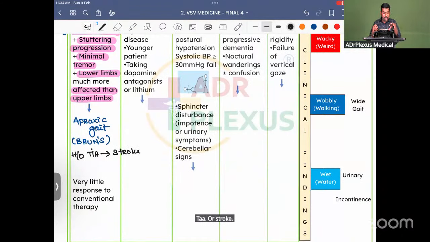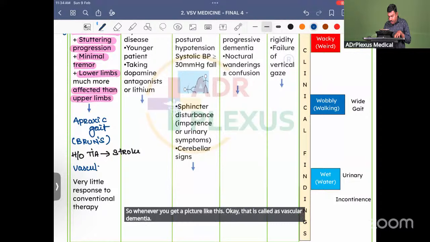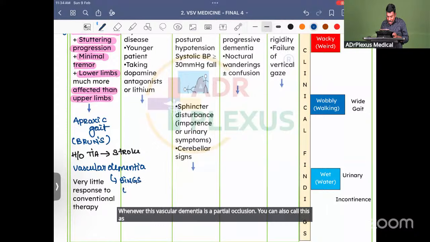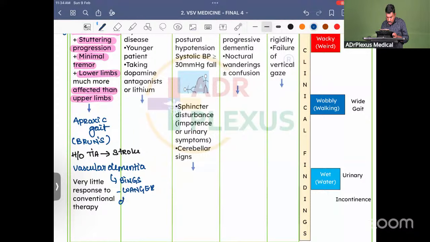So whenever you get a picture like this, that is called vascular dementia. Whenever this vascular dementia is from a partial occlusion, you can also call this Binswanger disease.